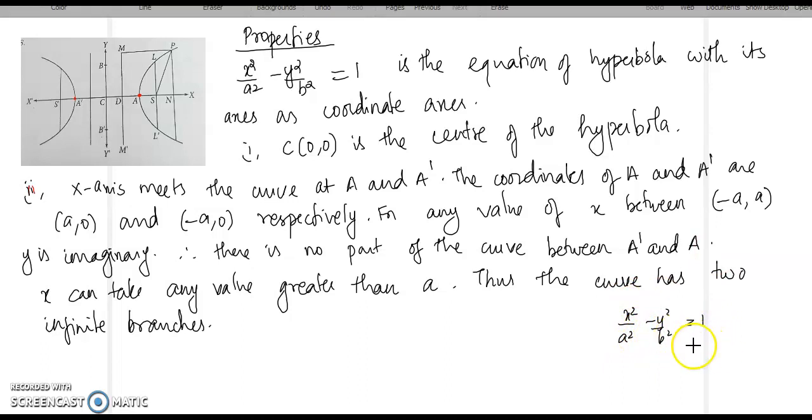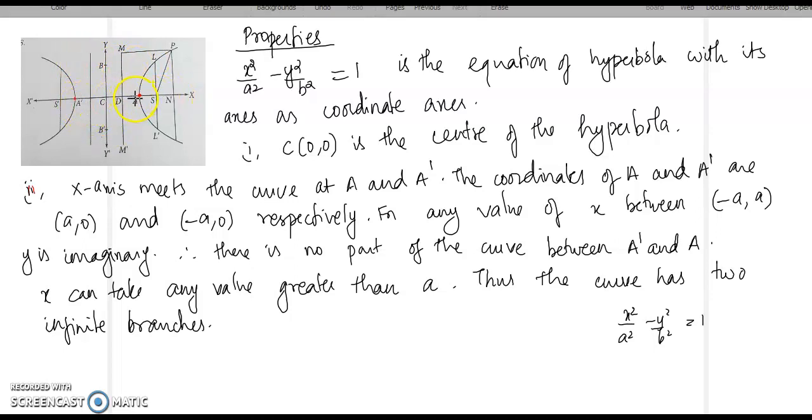So the value of y² in that case will be imaginary. So for any value of x between −a and a, the y value will be imaginary. Looking at this figure, you can see that when x is between a and −a, there is no y value.